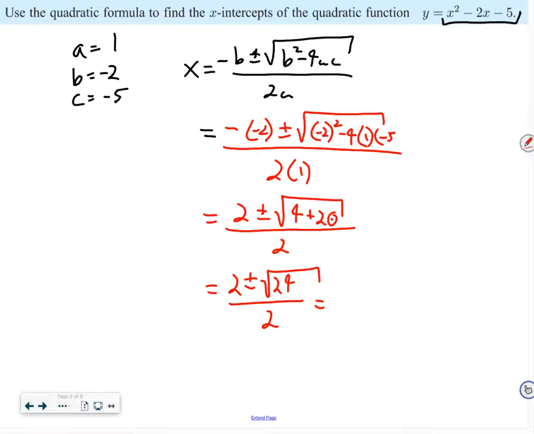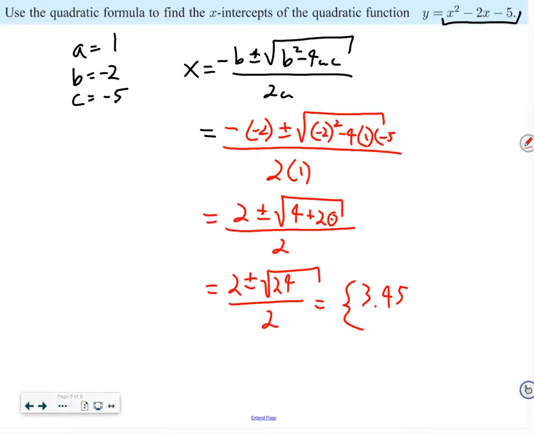At this point I want to plug this into my calculator and get a decimal answer, so I actually know what those x-intercepts are, where they would cross the x-axis. If I do 2 plus the square root of 24, and then divide that by 2, I'm going to get one answer of 3.45.